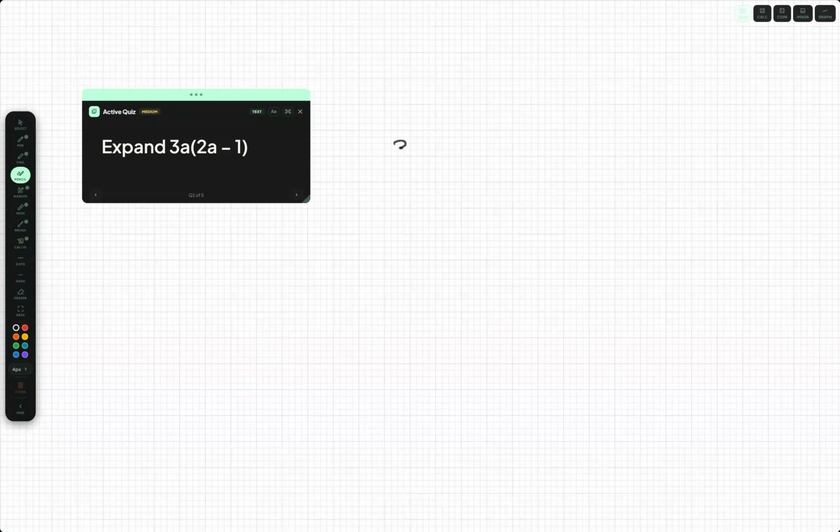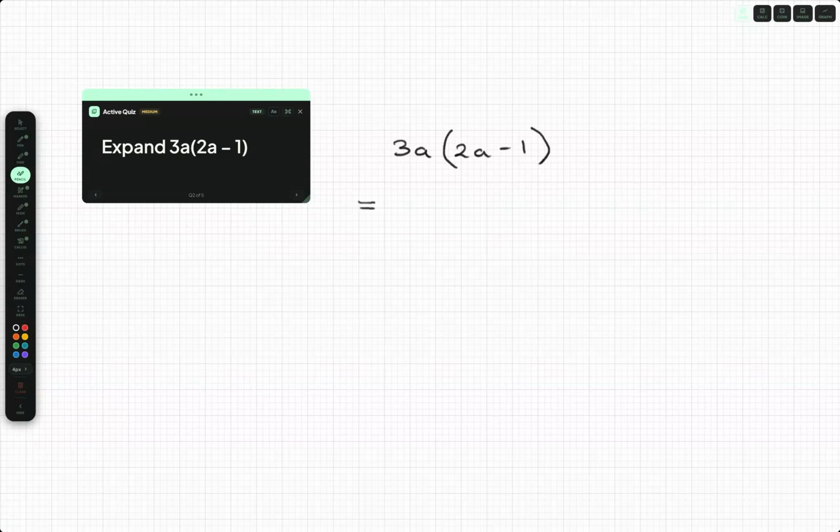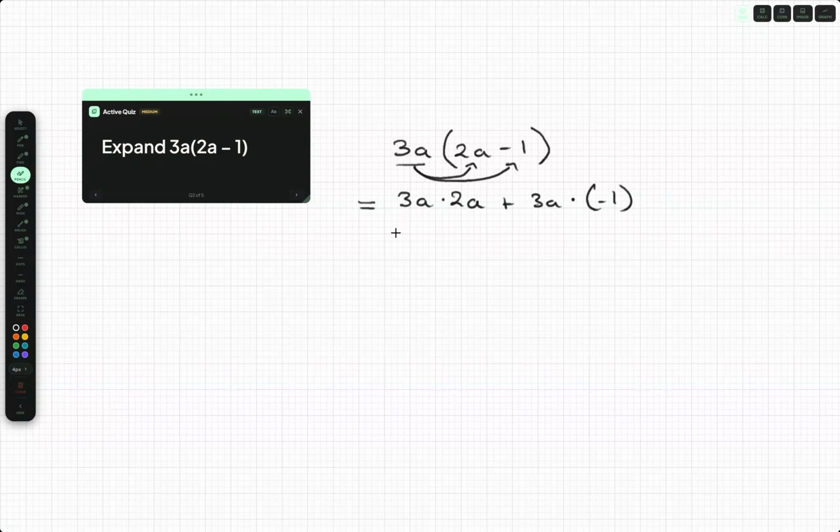Alright, now we have 3a multiplied by 2a minus 1. So this is a little bit different. When we're multiplying 3a by 2a plus 3a multiplied by -1.